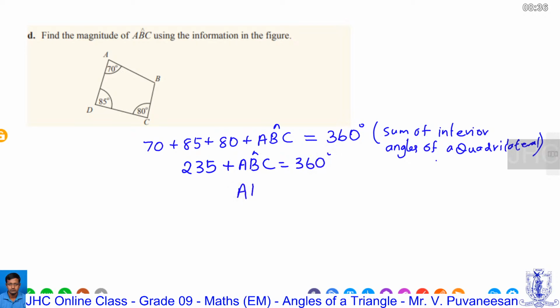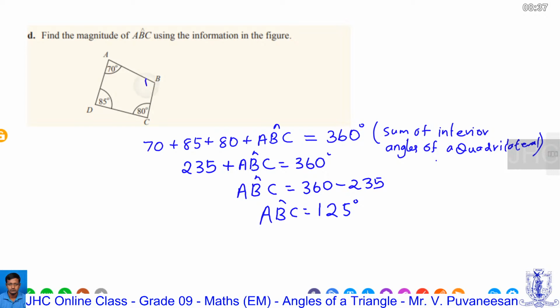Okay, ABC equals 360 minus 235, that is 125. Check. 125. Okay.